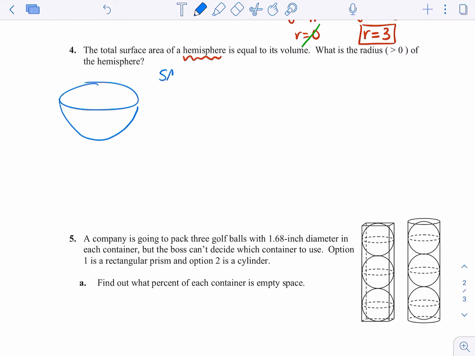So it would be 2 pi r squared. But then we also have the lid, the top, that is also considered now a surface area when we cut it off with a hemisphere. And that's a circle, so that would be plus pi r squared. So that means the surface area of our hemisphere is 3 pi r squared.